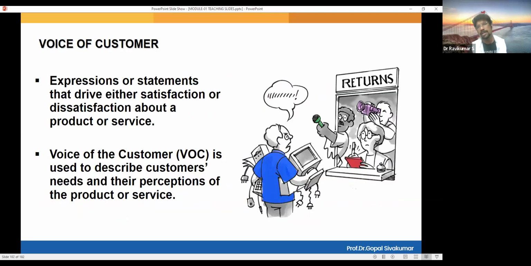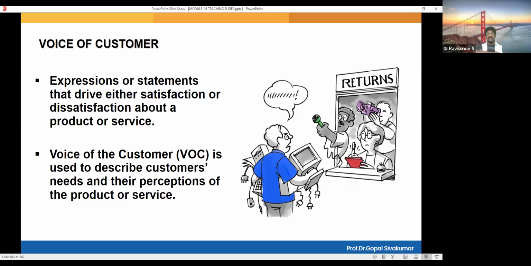Now, if you look deep, the voice of the customer is not generally clear or in detail. There is no technical information. No customer will call and give a very correct, detailed technical explanation. So what do you have to do? The voice of the customer will be an expression, a statement, or just a dissatisfaction note. So you have to convert this voice of the customer into understandable, specific, measurable data.